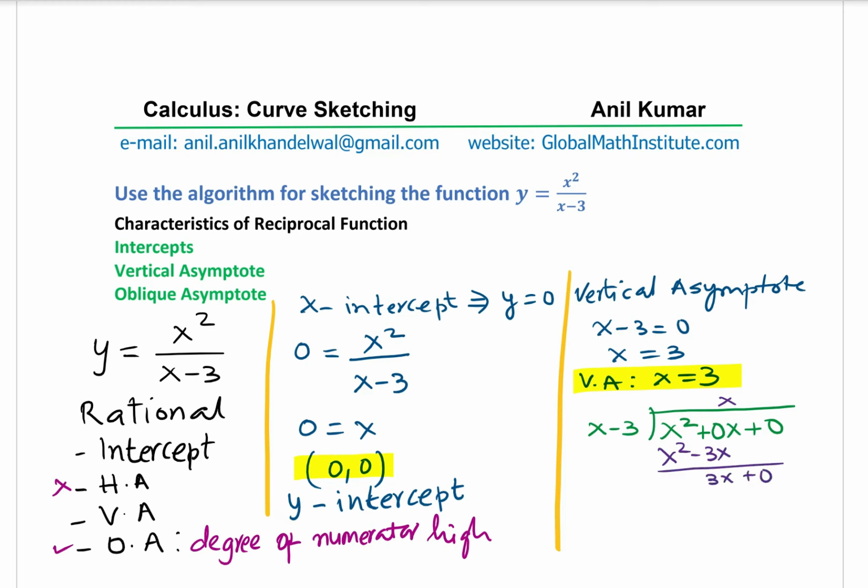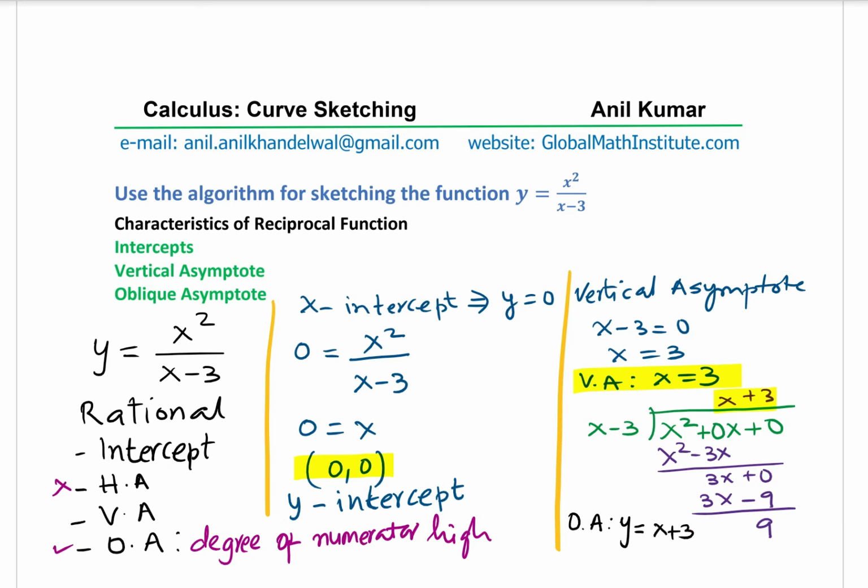Bring down 0, and now you can do plus 3, so you get 3x minus 9. So that is 9 for you. Now that clearly indicates that we have an oblique asymptote whose equation is x plus 3. So let me write down: oblique asymptote will be y equals x plus 3.